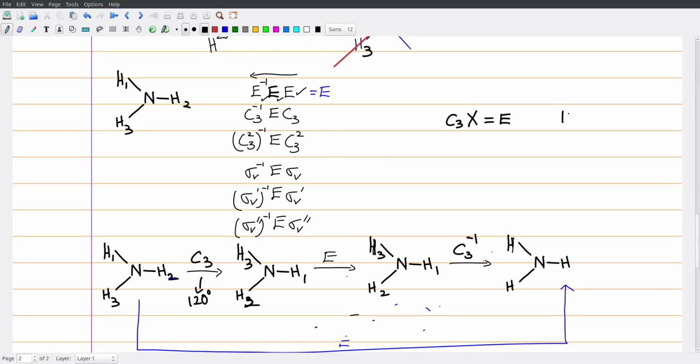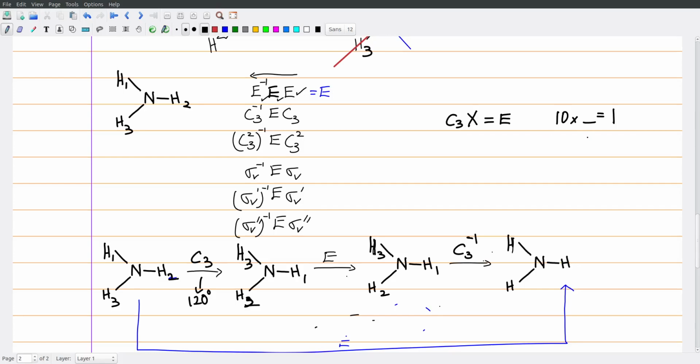This is very similar to 10 into some element should give me 1. Here we are doing multiplication, so let me put that symbol here. What is that element?